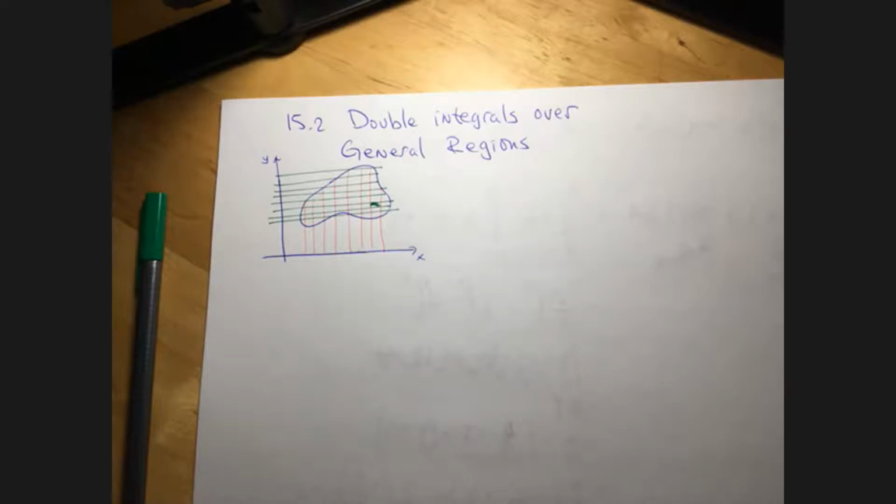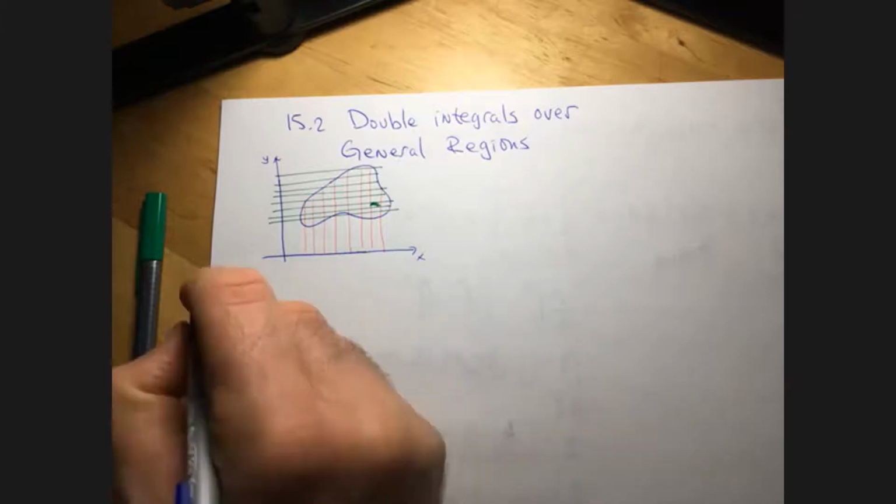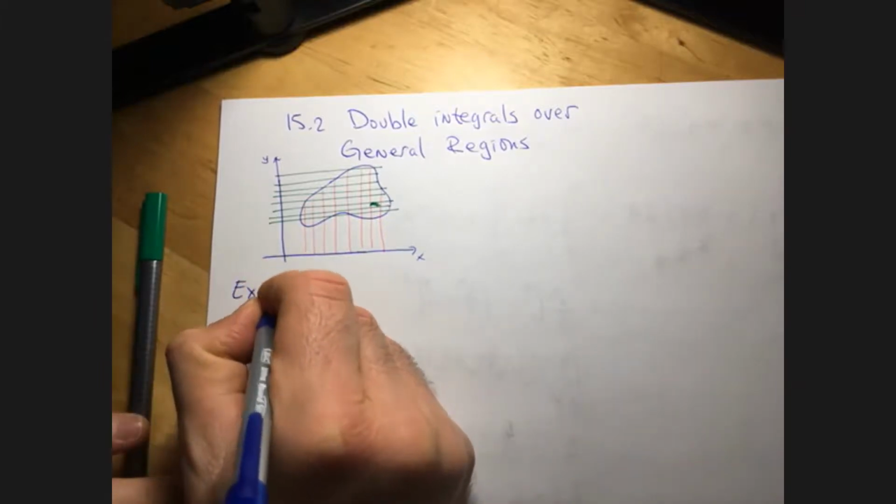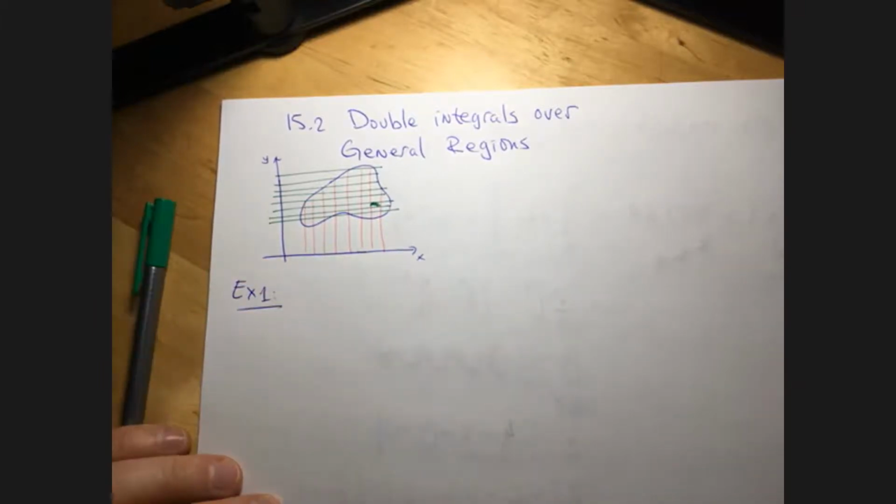So the double integral is basically the same. So let us just jump into an example right away and check what will happen.